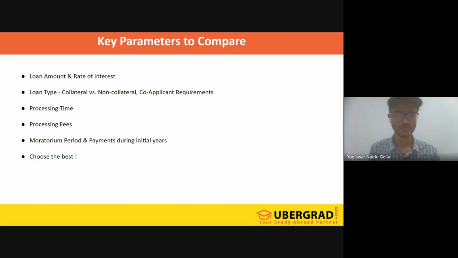And the second factor is that, as all people know, there are two types of loans: collateral and non-collateral. Let's divide each one and explain in detail one by one. Collateral is a type of security that we put on top of the loan, where you take a loan against any security that you place. What's the security?